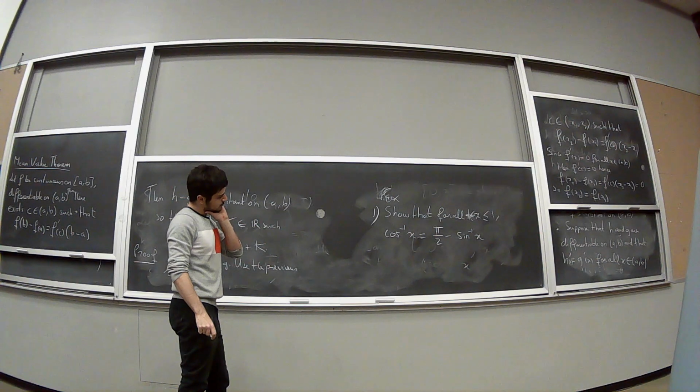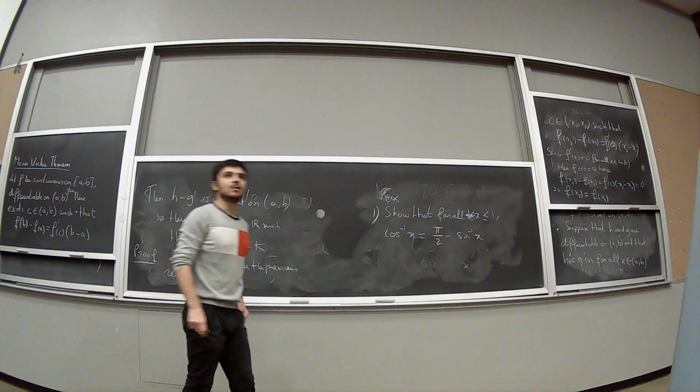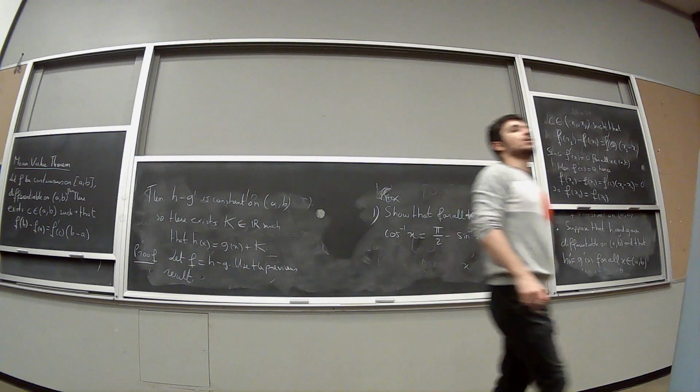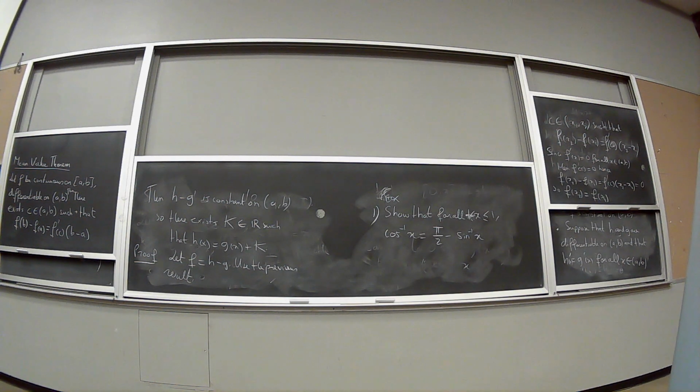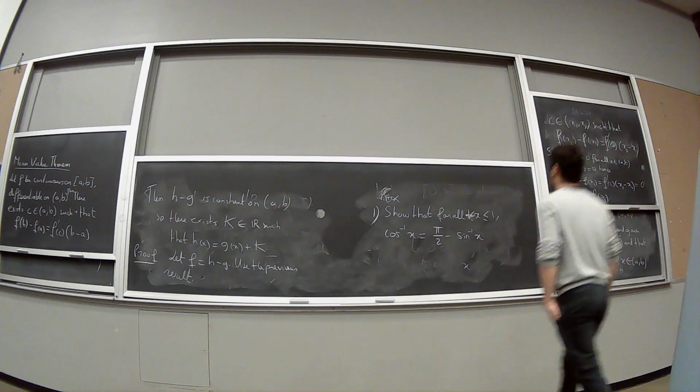Cos of pi over 2 minus sine inverse of x. You know what cos inverse is, our cos basically, right? Cos inverse of x is equal to pi over 2 minus sine inverse of x.